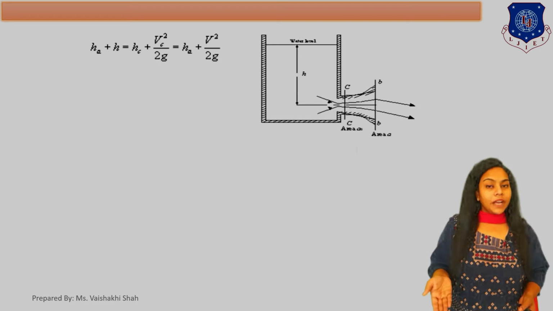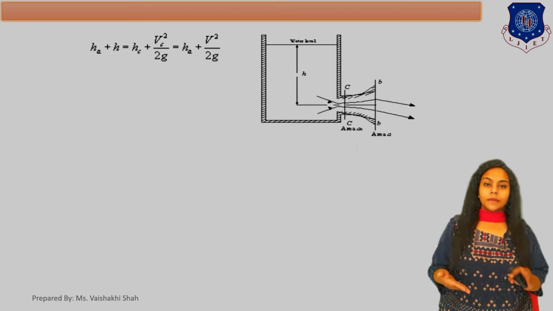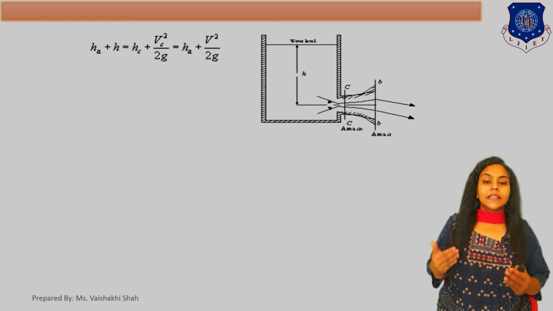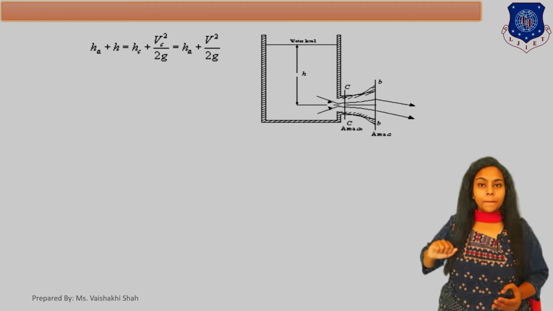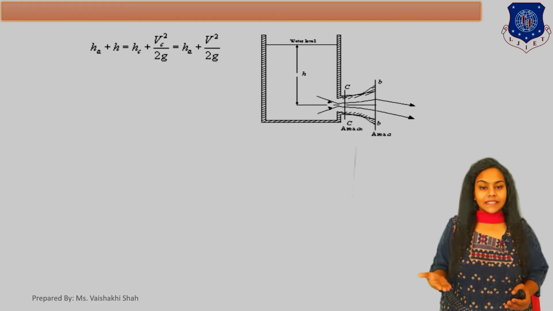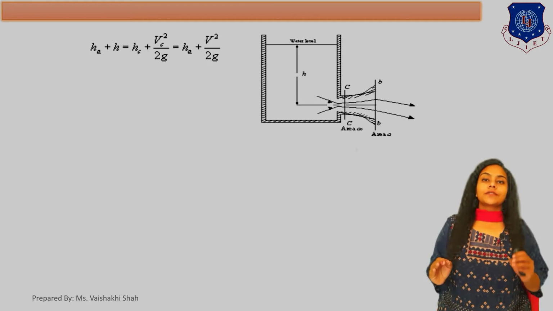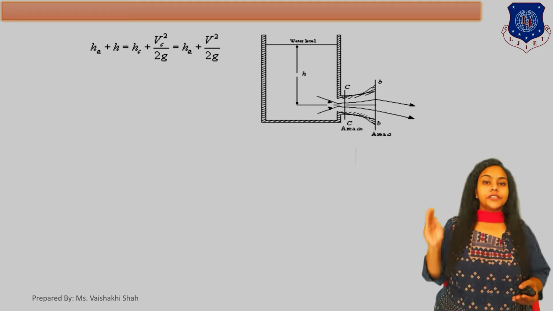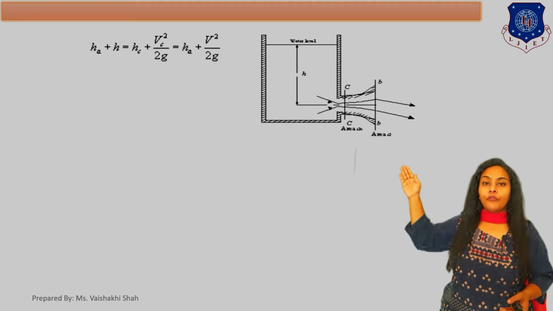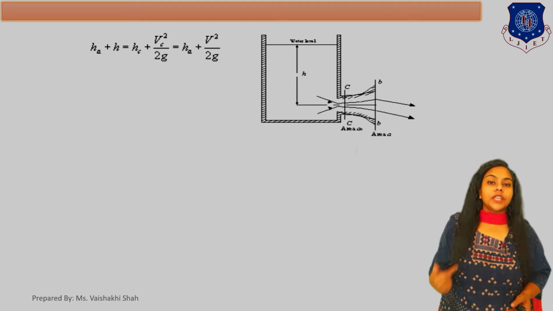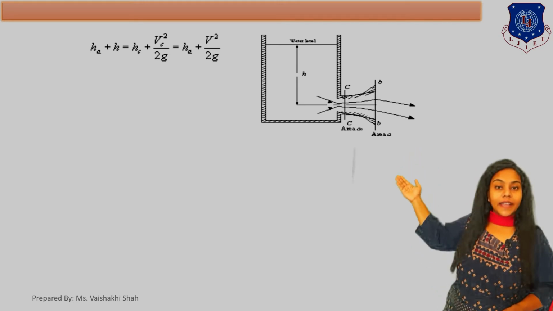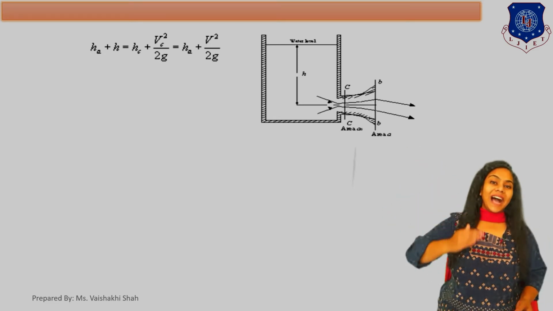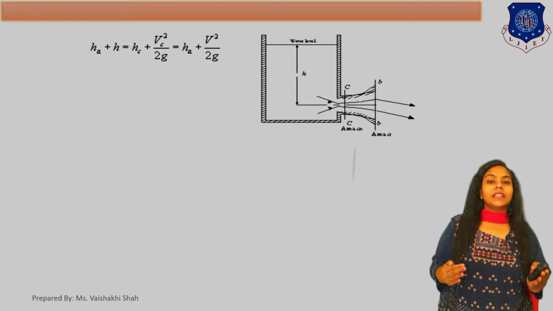now at section CC, PC by rho g plus Vc square by 2g plus Zc, where PC by rho g is replaced by Hc, plus Vc square by 2g, equals Bernoulli's equation at section BB, where PB by rho g is HA again, because at section BB the water that comes out is also in contact with the atmosphere.